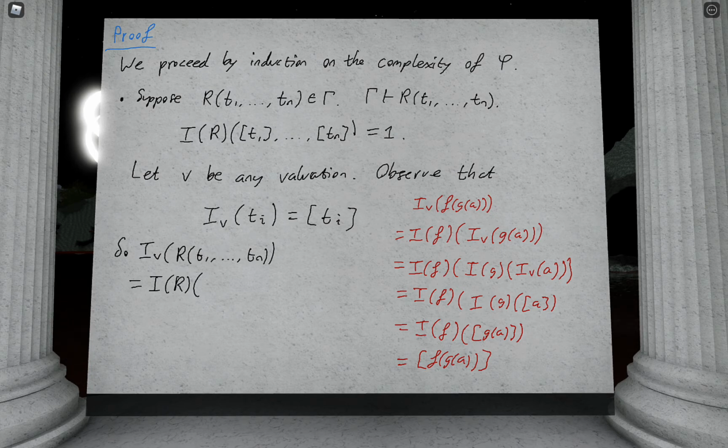And those objects picked out are, by definition, I of v of t1 to I of v of tn. And I just showed that that's equal to this.